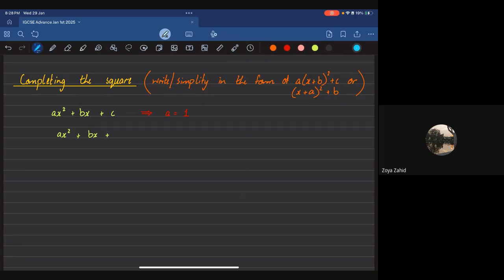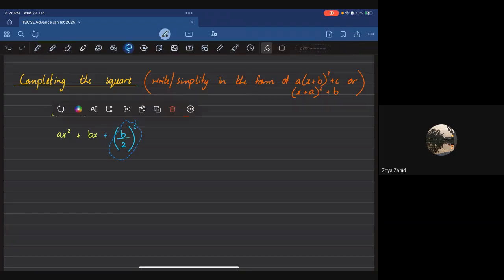What you're going to do now is take the coefficient of the second term, which is b, and divide it by 2. Also, you're going to whole square this new term, b by 2. Because you're adding something into the equation by yourself, obviously you're going to have to counter it. And how do you counter it?